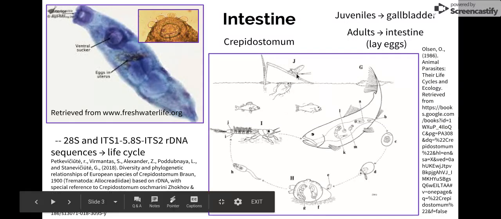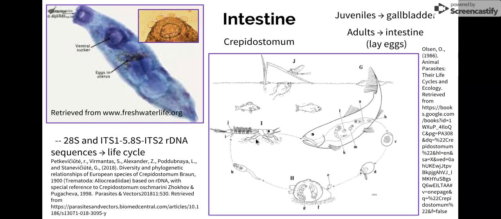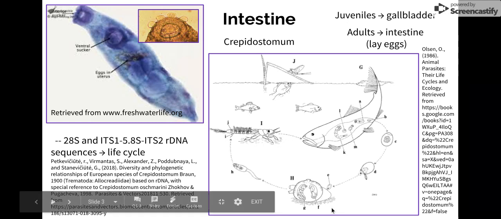So this is very interesting to me because one of the intermediate hosts is usually just a copepod. So that is probably a copepod. But the prominent thing here is that it's the mayfly.